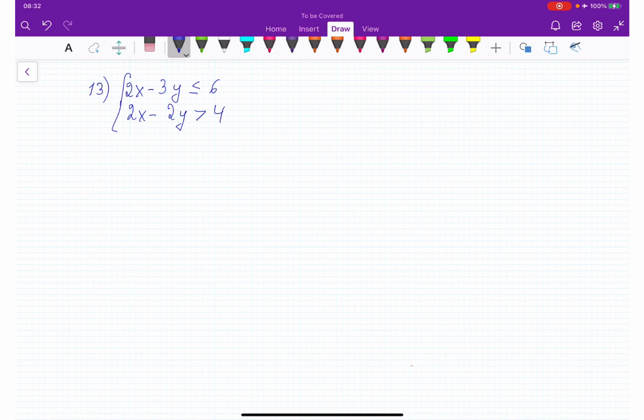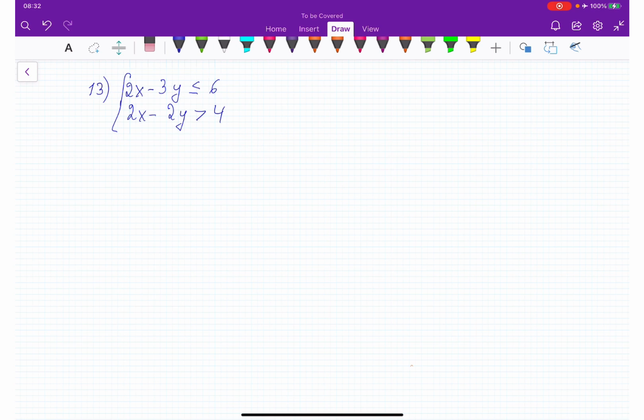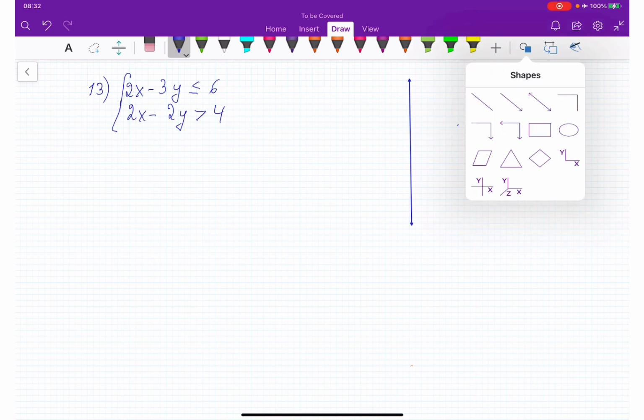Okay, to draw a system of inequalities, the first thing I have to do is separate them and draw two separate graphs in the same graphing environment, which means I'm preparing the graphing environment. And the other one.